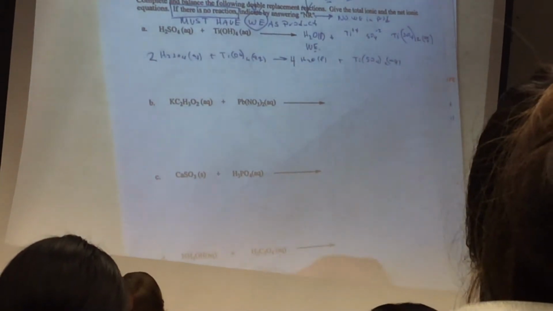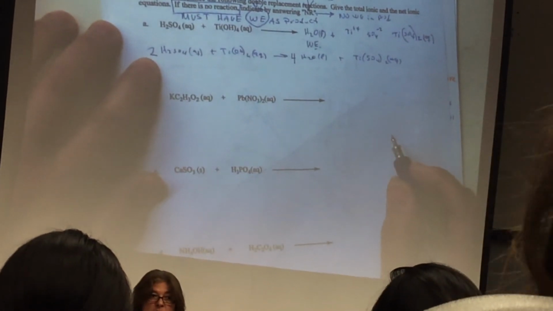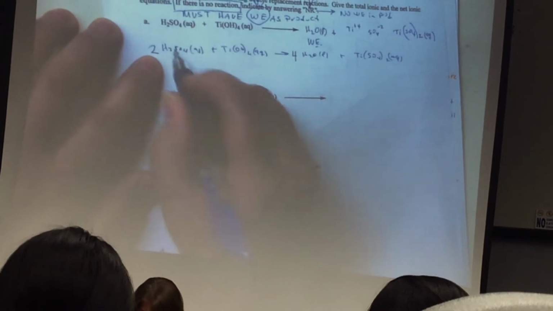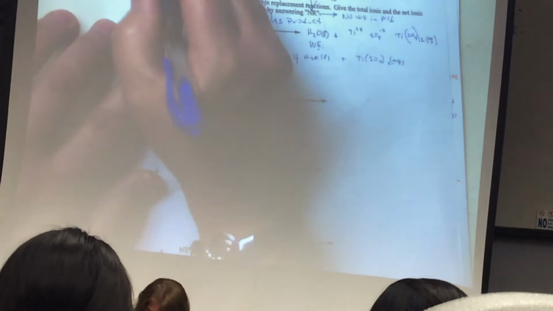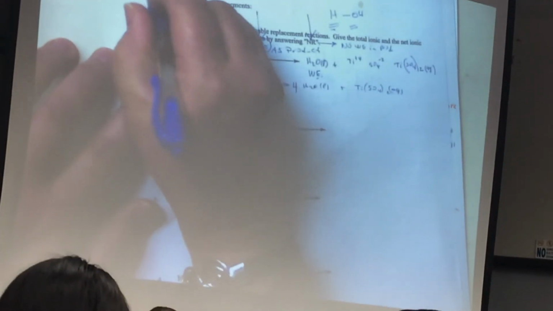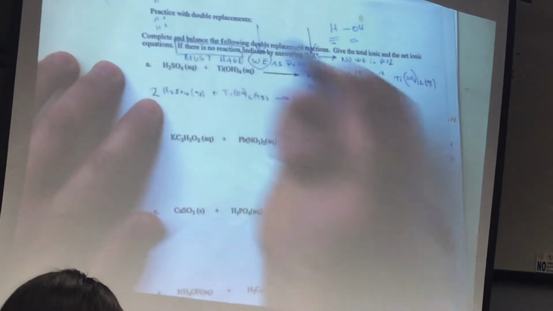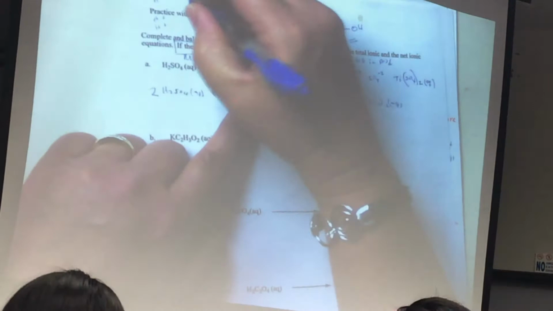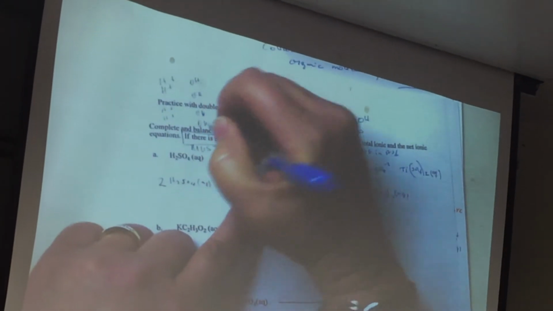A 4. Why? Because when you're in the business of forming a water molecule, the fact that you did polyatomic ions first forced you to put a 2 here. That means that you have how many H's? 1, 2, 3, and 4. How many OH's do you have here? 1, 2, 3, and 4.